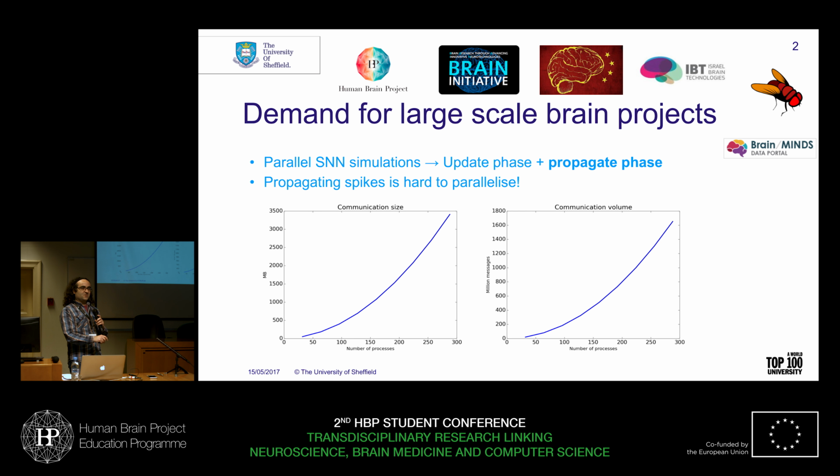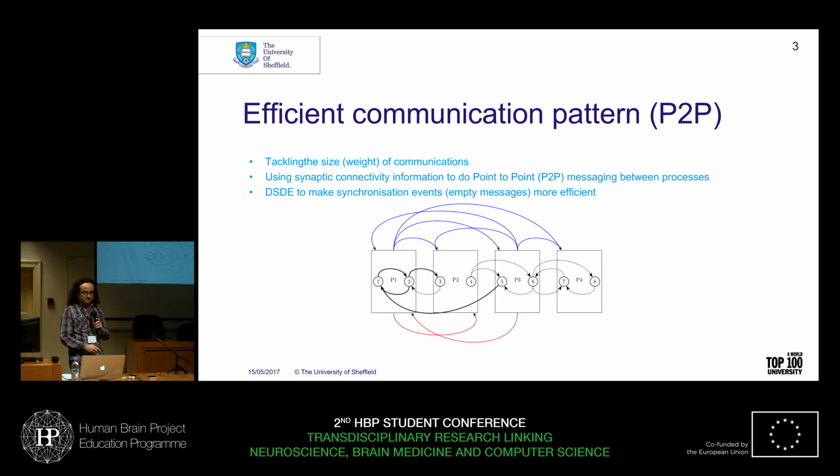That's where we focus our optimization efforts, making the communication, the propagation of spikes between computational nodes, a bit more efficient. As the number of processes increases, we get exponential growth in the number of messages and the size of those messages, if we're not careful. So here's how we are trying to be careful about that.